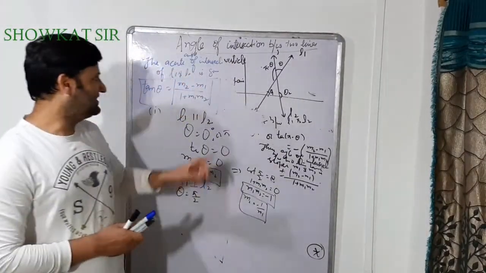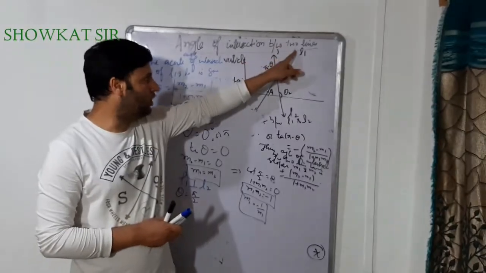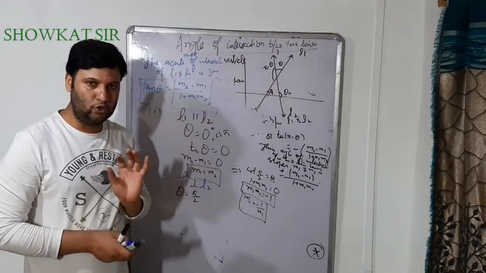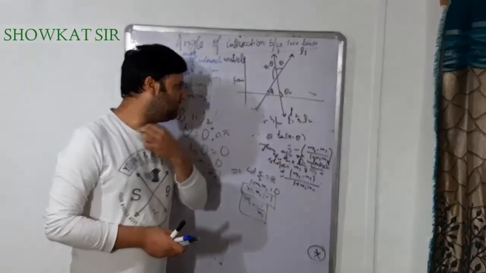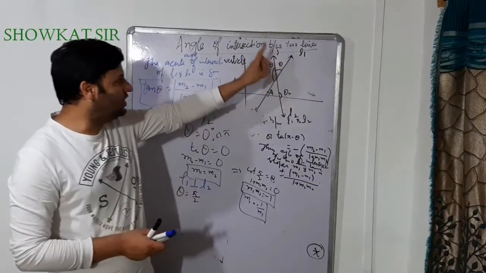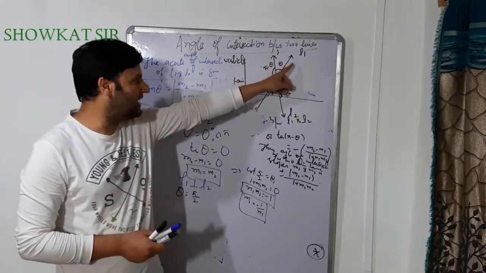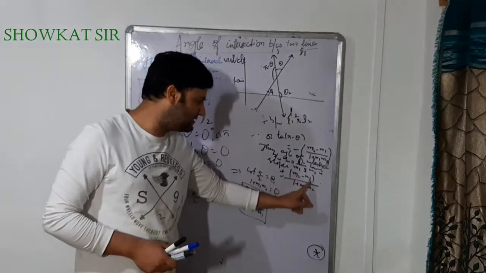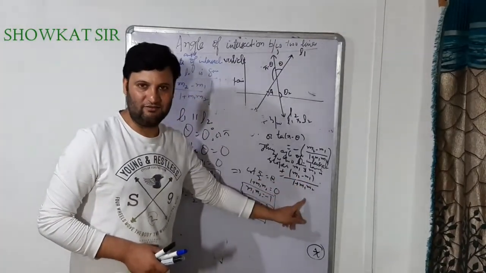Okay, so this was the angle of intersection between two non-vertical lines. If you have two non-vertical lines L1 and L2 making inclinations theta 1 and theta 2, having slopes M1 and M2, then the angle of intersection between them is given by plus minus M2 minus M1 divided by 1 plus M1 M2.